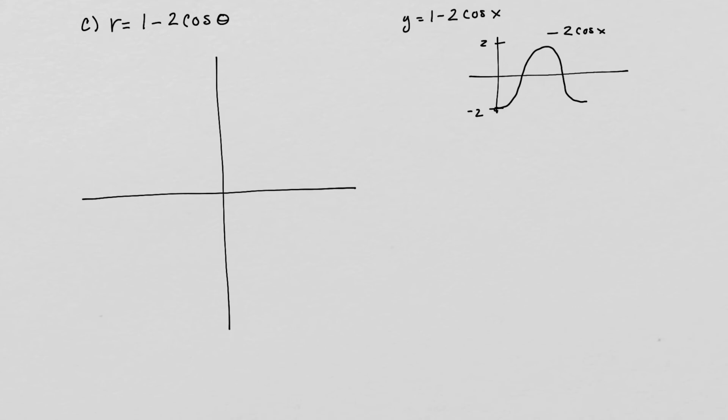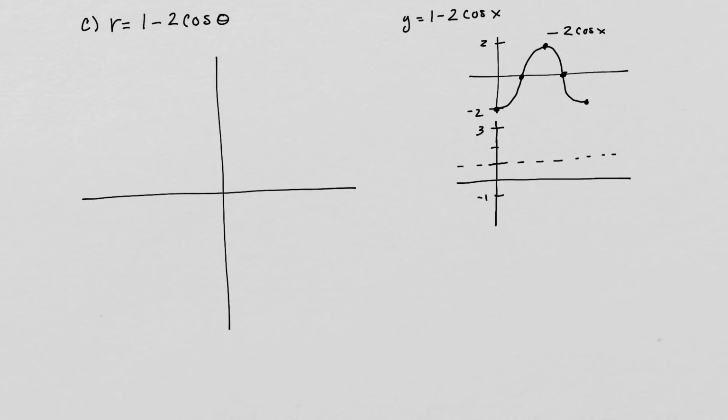And then, again, these are those 5 points I keep worrying about. And so now we're going to take those 5 points and shift them up 1, right? That's what that 1 does. So we're now going to go up here to 3. Our graph is going to be centered here at 1 now.